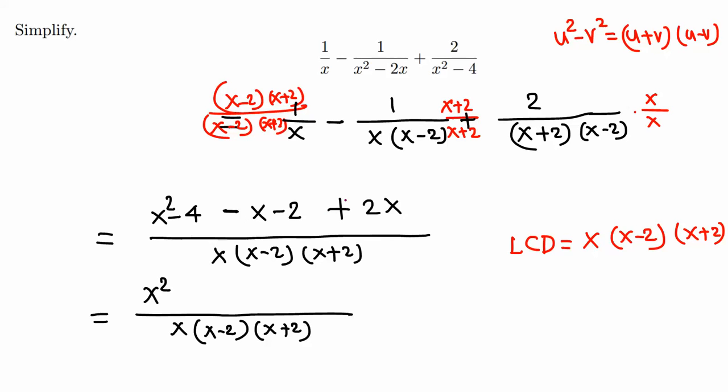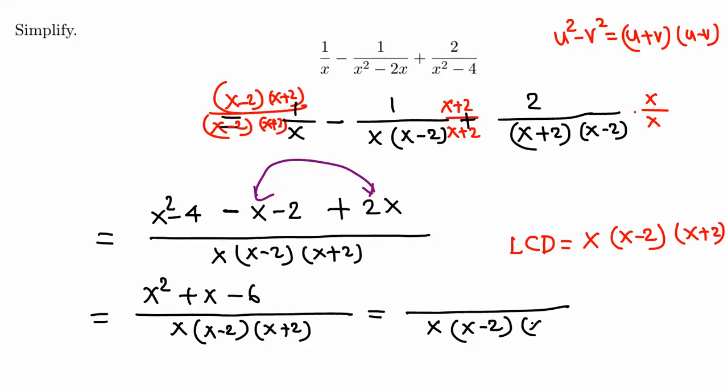Okay, we can combine these two: plus 2x minus x, subtract, just plus x, minus 4 minus 2, minus 6. Do not cancel anything, we need to factor the top. If it factors and if we have common factors on the top and bottom, then we cancel. So the bottom is x minus 2, x plus 2.